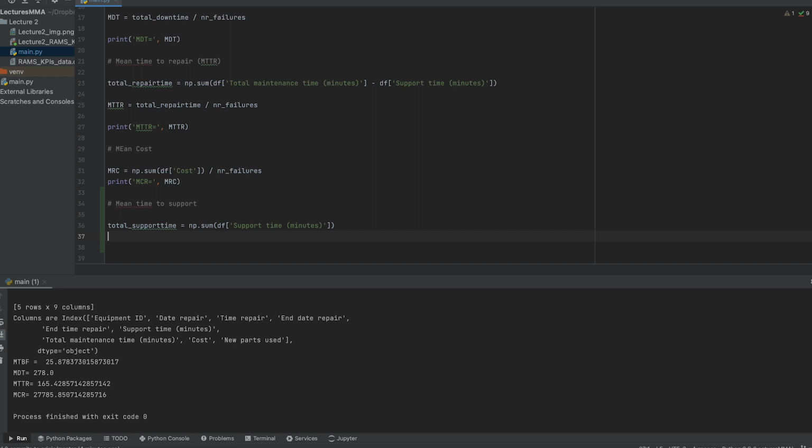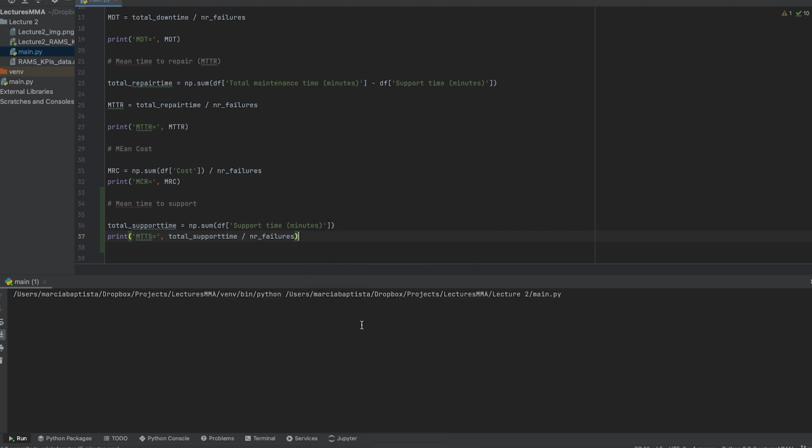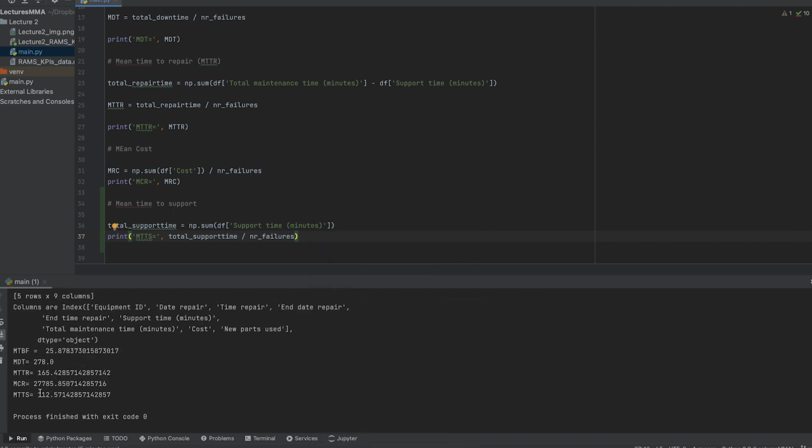Okay, and then you calculate the mean time to support equals the total support time over the number of failures. Okay, and now we can run and we get the mean time to support, which is smaller than the time to actually repair if you check the two numbers, but quite close.